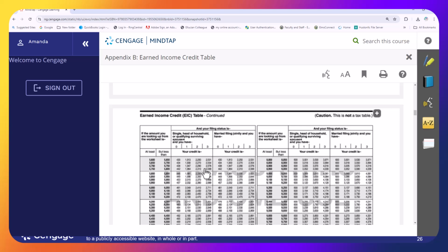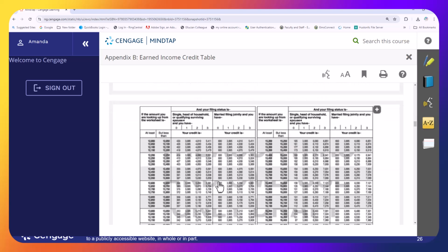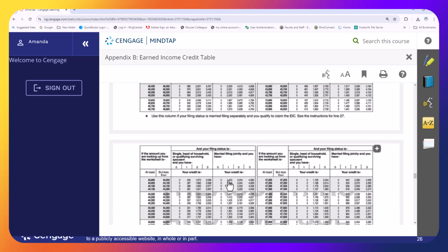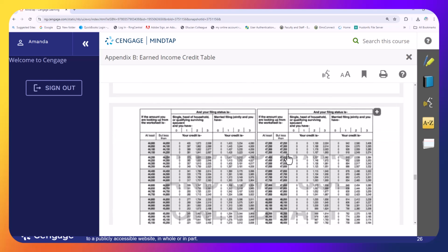So you look up the income, then you find how many qualifying children, and then you find the credit. So if you were married filing joint, right?